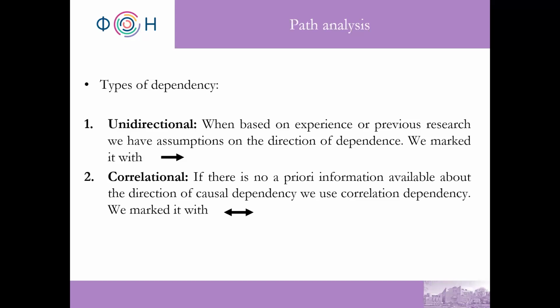Based on your literature review, your ideas, and so on, you have an idea which variable is the dependent one, which is the independent one, and you know the direction of the relationship. That is one type of relationship which I usually recommend using in SEM models.